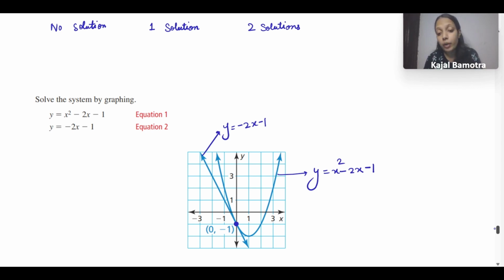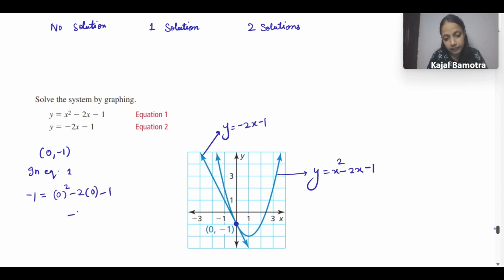If this point is a point of intersection of these two graphs, it must satisfy both equations. So I will substitute in the first one, y is negative 1 and x is 0. In equation 1, negative 1 equals 0 squared minus 2 times 0 minus 1. This is negative 1, this is negative 1. So yes, it satisfies the first equation.